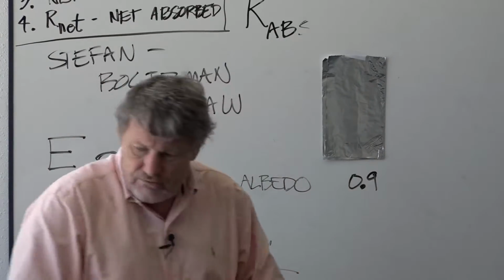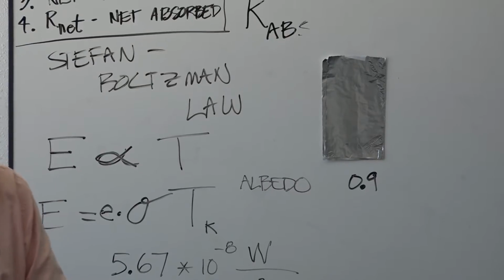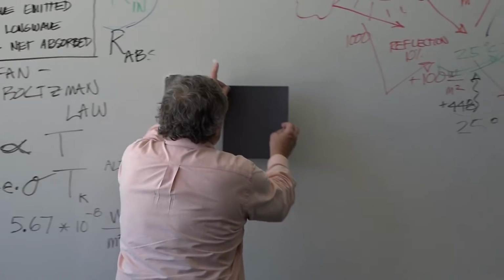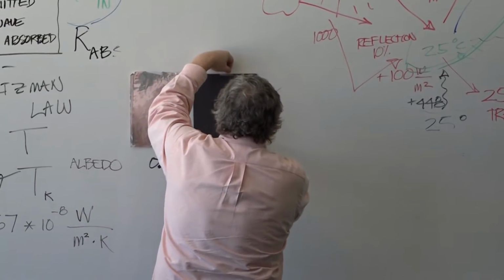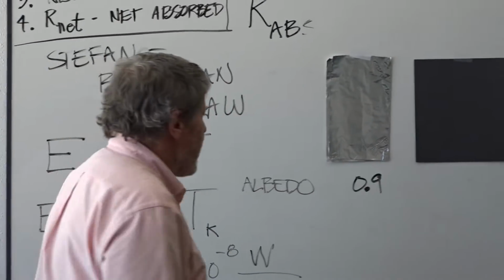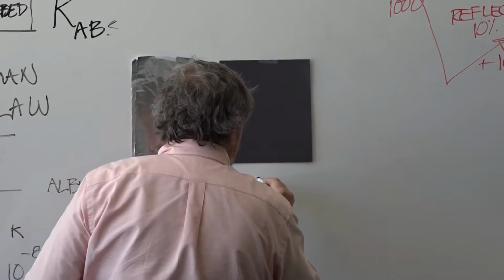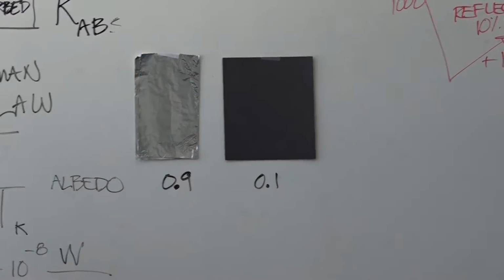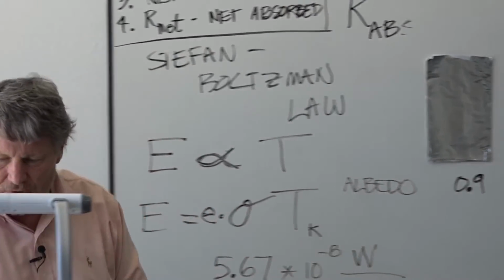Now let's do, just doing albedos for a second. Black paper. Albedo 0.1. Might even be blacker than that, but 0.1.